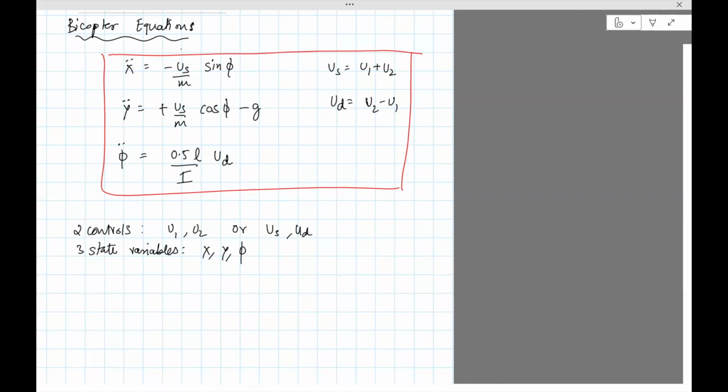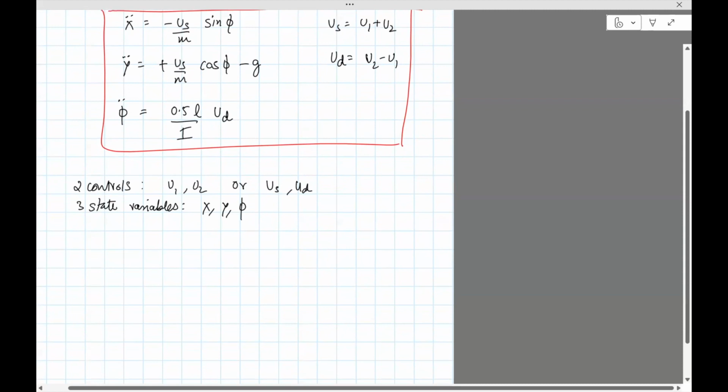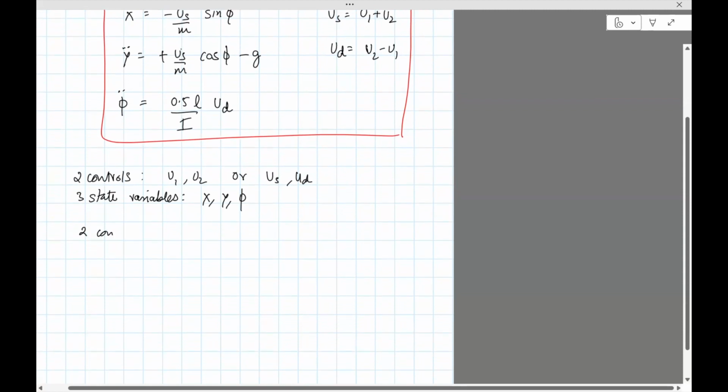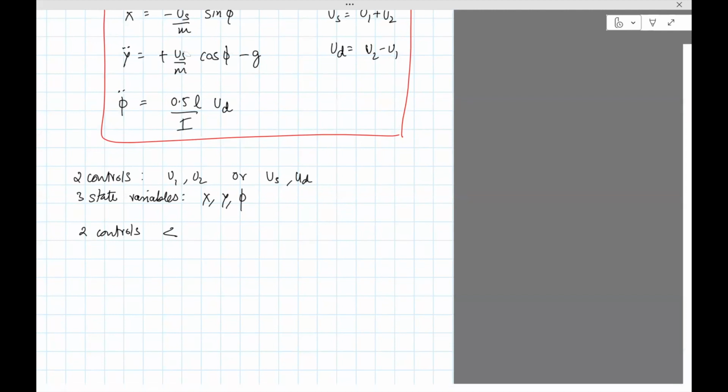Just like the double pendulum we talked about, where we had two joints and one actuator, that system was called underactuated. This system is also underactuated, since two controls is less than three states.